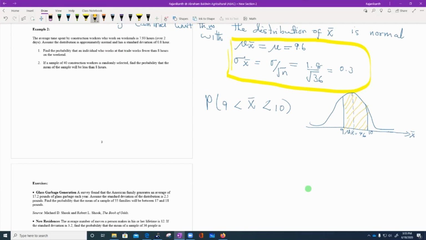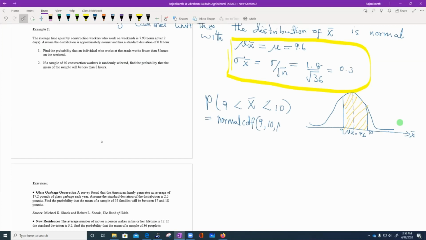Remember, x bar is a normal distributed variable, not standard. Therefore, when you use the calculator, you need to define the parameters for normal CDF, since this is not standard normal. My lower bound is 9 for the area colored, and the upper bound is 10.